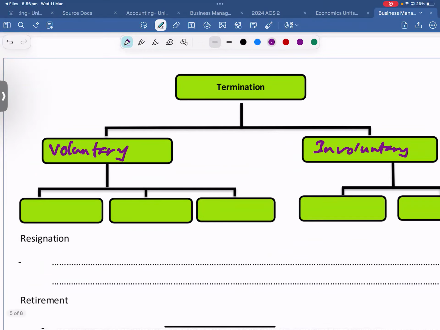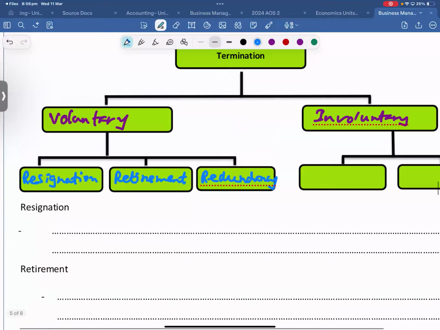And we have here, we said firstly resignation, then retirement, and the other one is redundancy. This one we call voluntary redundancy.